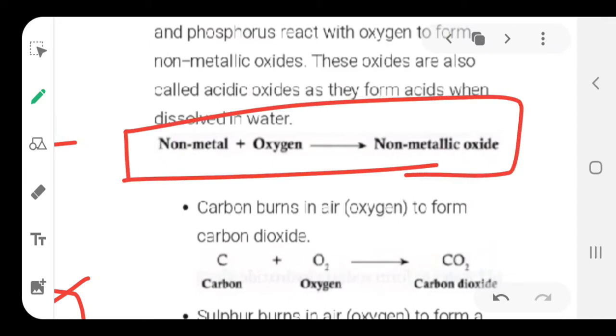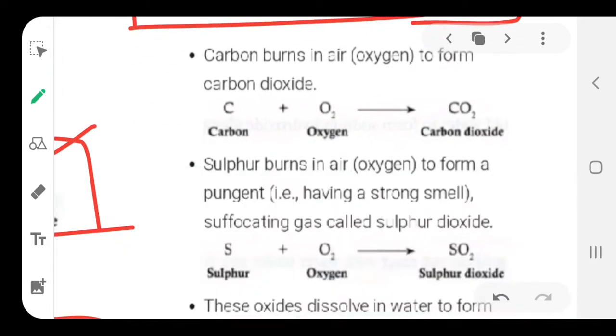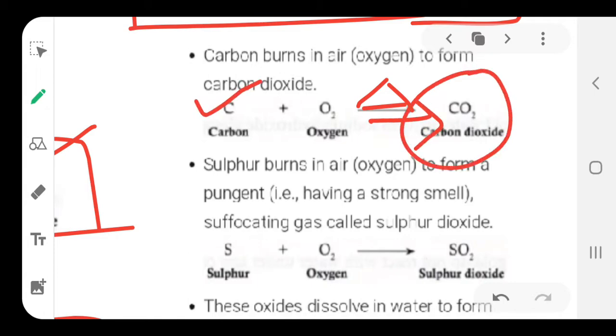When non-metals combine with oxygen, they form non-metallic oxides. For example, when we burn carbon, put the sign of delta on the arrowhead, which means we are burning it. When we burn carbon with oxygen, we get carbon dioxide, which is a non-metallic oxide.